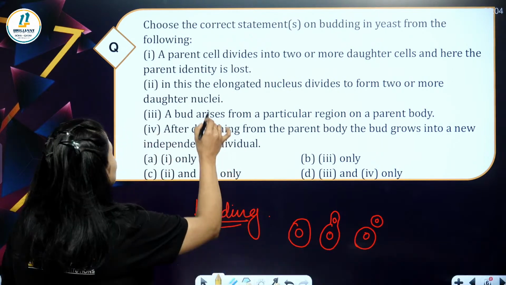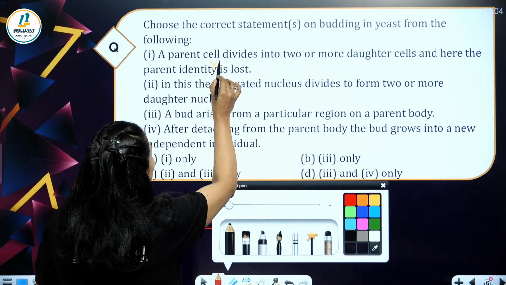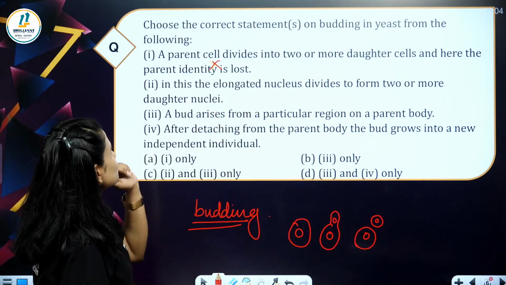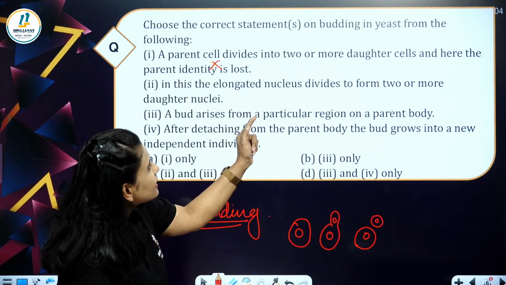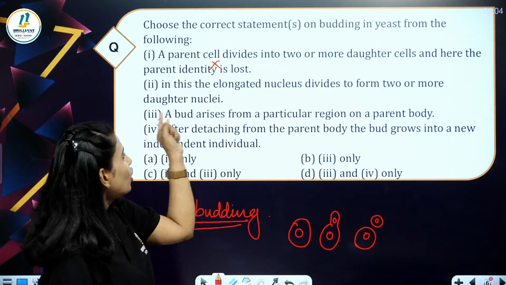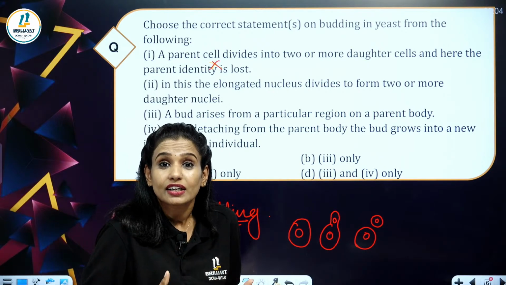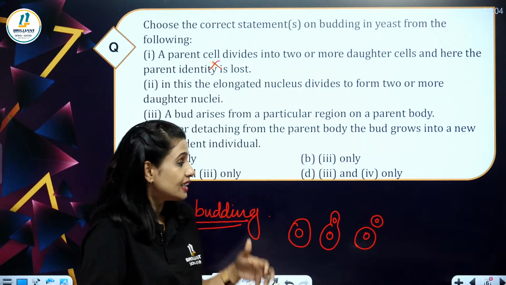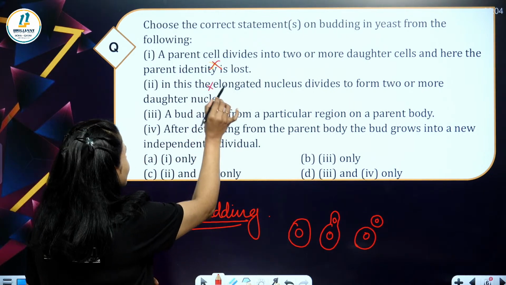So this statement is not correct about budding. See the next one: the elongated nucleus divides to form 2 or more daughter nuclei. That is also correct in the case of fission, so that is also the wrong statement.